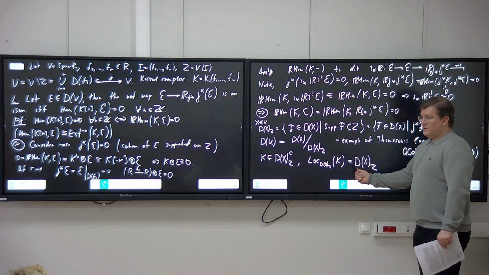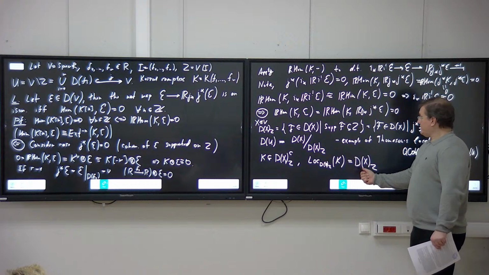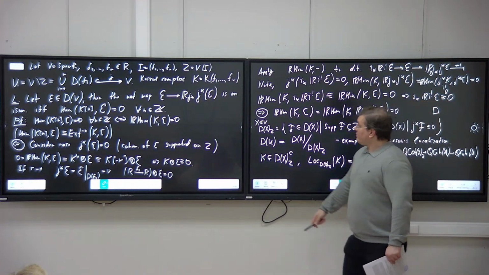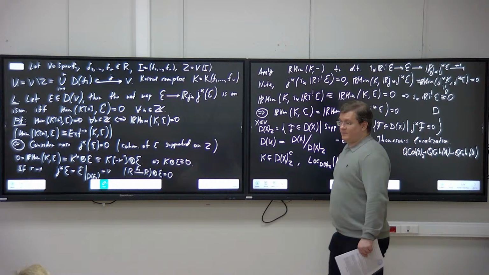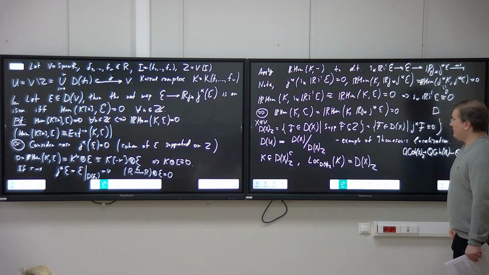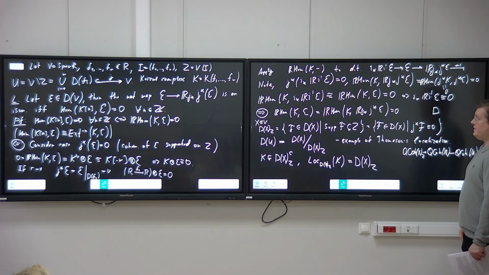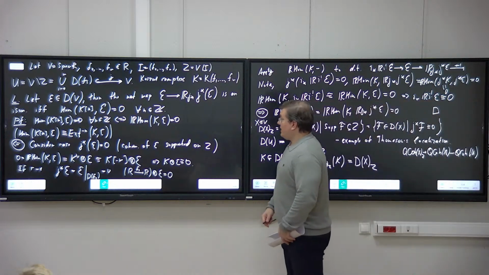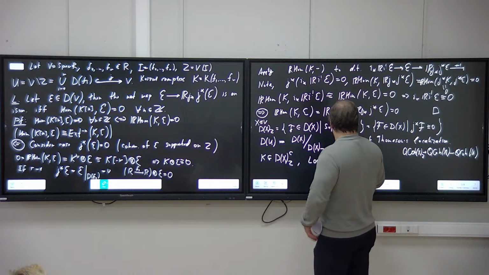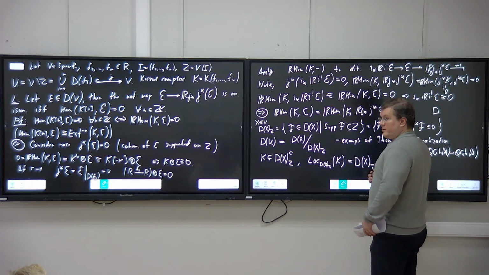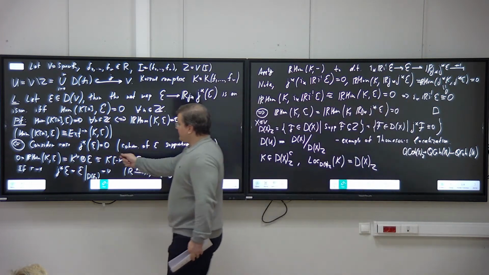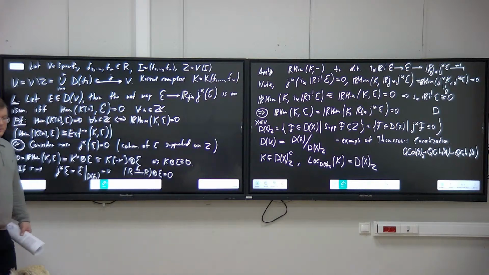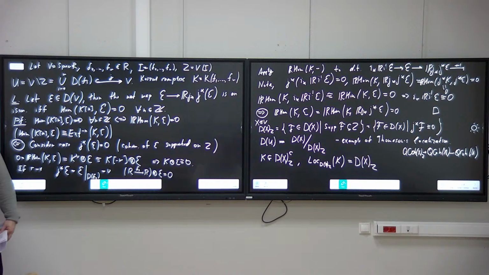This statement here is just a way to state this lemma. Because if you take an object E here with this condition, and we saw that if Hom from K with all the shifts is 0, then this object is actually 0.